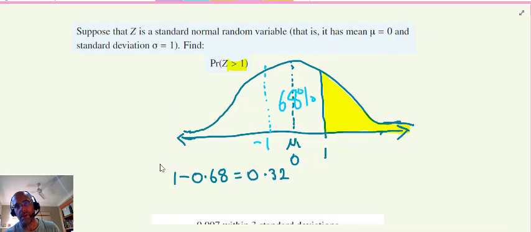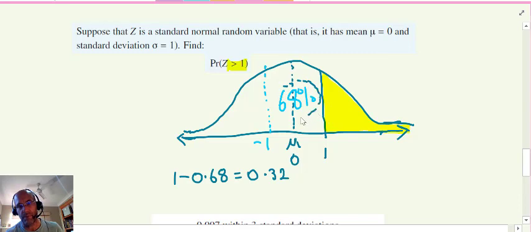Now, using those approximations from the empirical rule, we would have this middle zone, which is 1 standard deviation above and below the mean. We would have left over from that, if we went 1 minus that 68%, or 1 minus the probability 0.68, the remaining in the whole distribution.